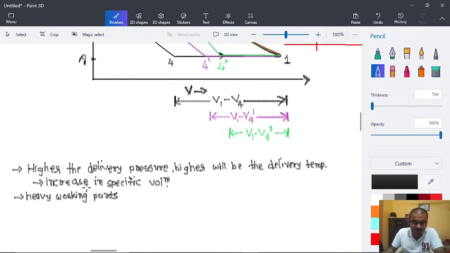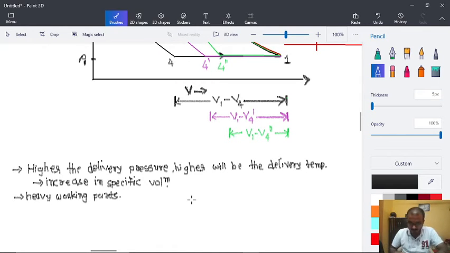So because of these reasons, the compression process is divided between multiple stages, and in between them an intercooler will be used, which will reduce the temperature of compressed air, and this will try to take the compression process towards an isothermal process, which requires lesser work input in comparison with the polytropic or isentropic process.